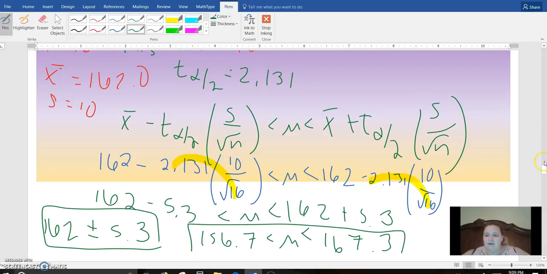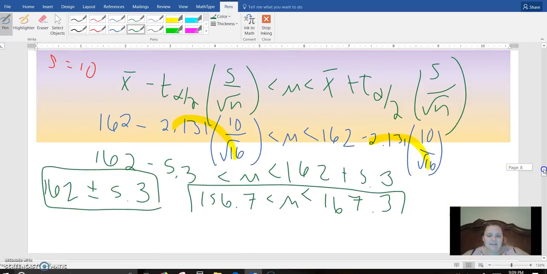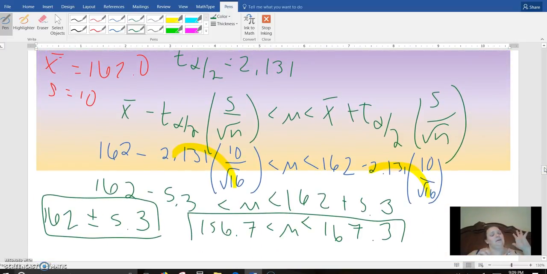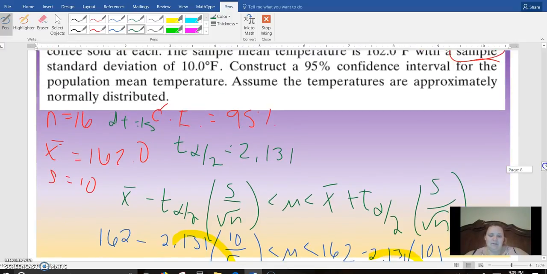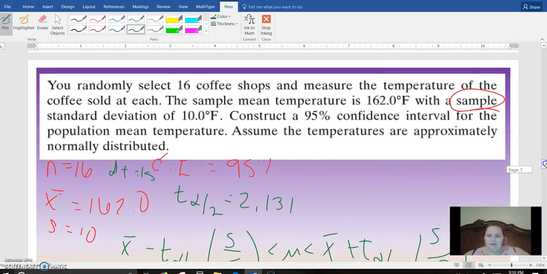So that means that we are 95% confident that it will be between 156.7 and 167.3. Or you could say we're 95% confident it'll be 162, give or take 5.3. That's the temperature of the coffee or the drink.